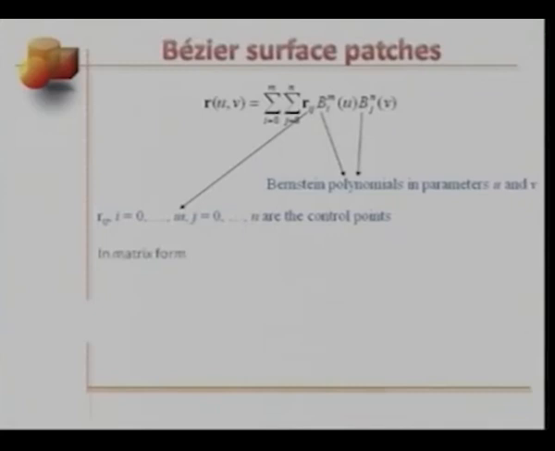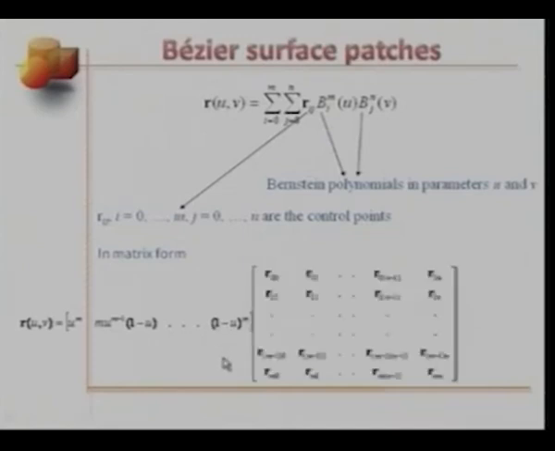In compact matrix form, R of u and v is given as the row vector with u raised to m, times u raised to m minus 1 times 1 minus u, and so on, with the last term as 1 minus u raised to m, times the geometric matrix, the first row being R 0 0, R 0 1 up till R 0 n minus 1, R 0 n.